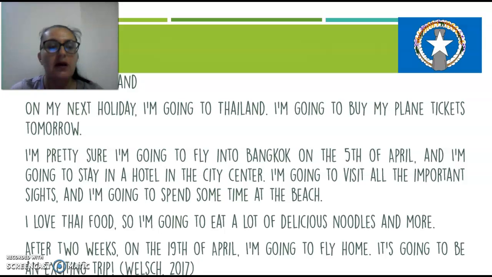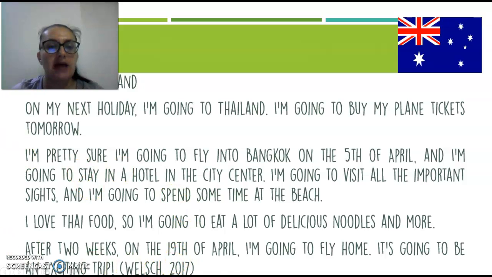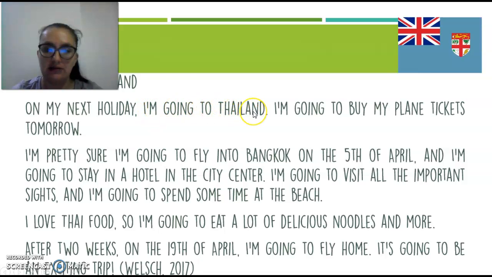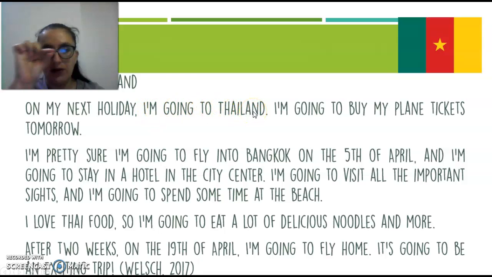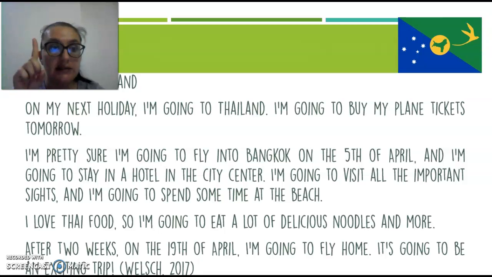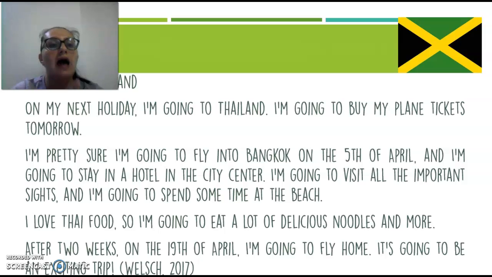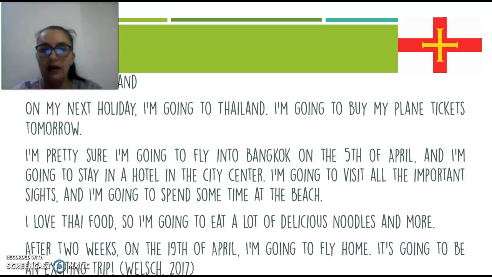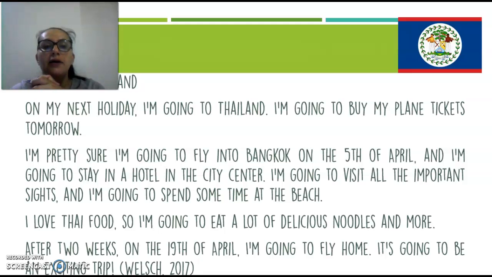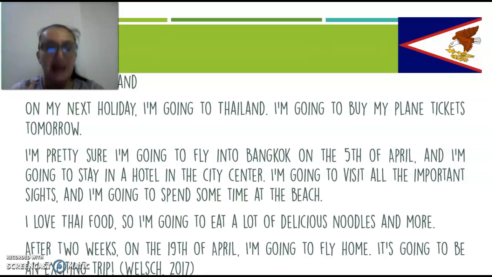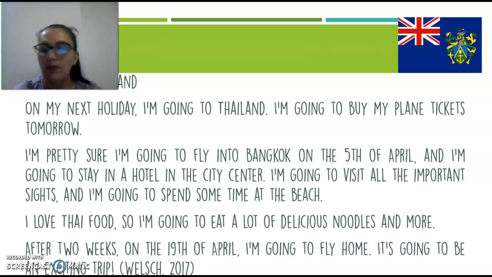For example, in the first, say, I'm going to Thailand. So you need to underline. How can I write this sentence in negative? I'm not going to Thailand. Okay? You need to underline and then write me in negative.